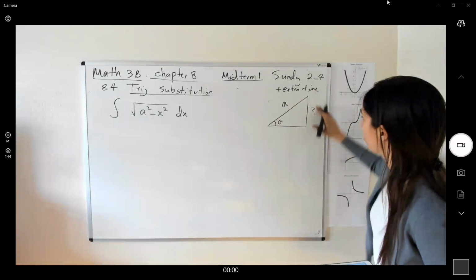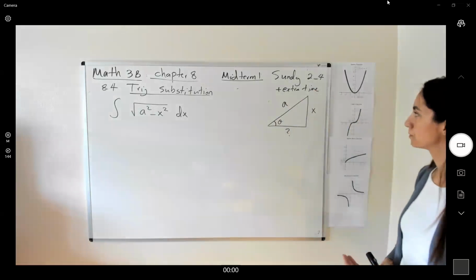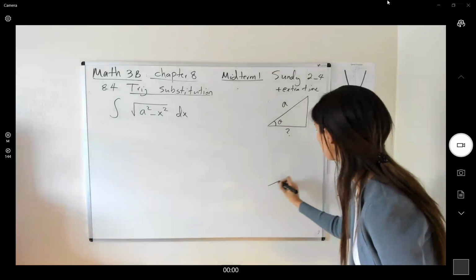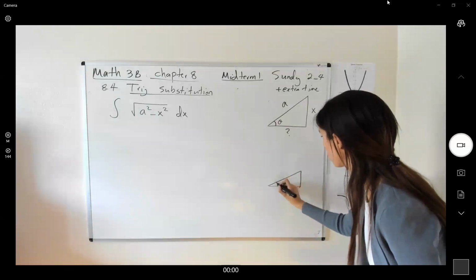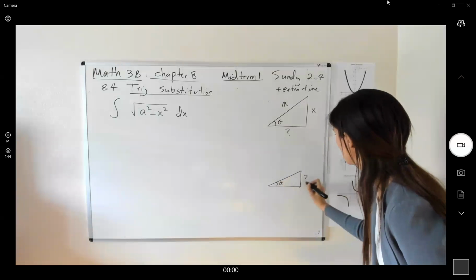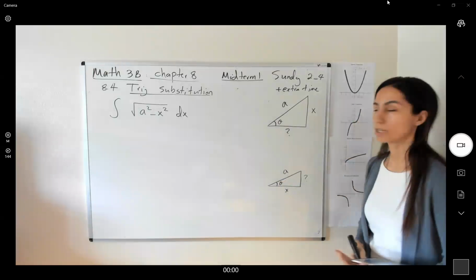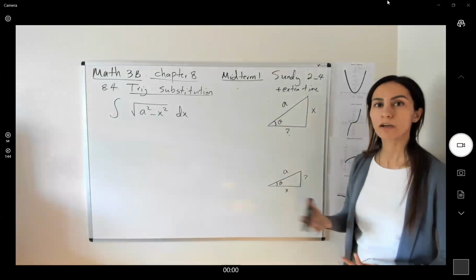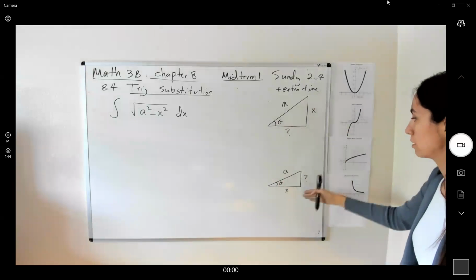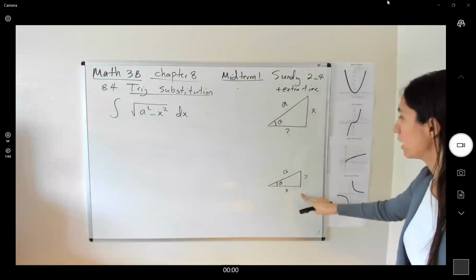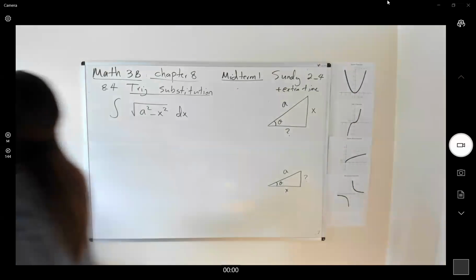Or suppose this is x and you want to find this side. So for different triangles, if you have the hypotenuse, you can use the definitions of sine and cosine and find the rest of the sides or legs of this right triangle. Okay, perfect.